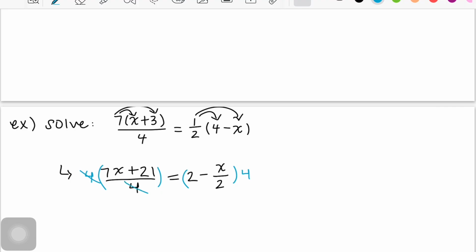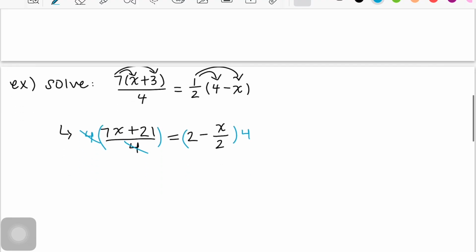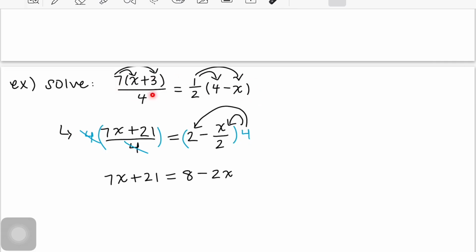So these 4's will cancel, and we get 7x plus 21, and then we'll need to distribute this 4 to every term here. So 4 times 2, we're going to get 8, and then we have 4 divided by 2, so then we just get 2x. And so this is way better than our original equation here.